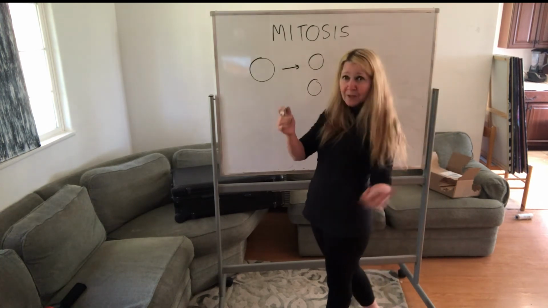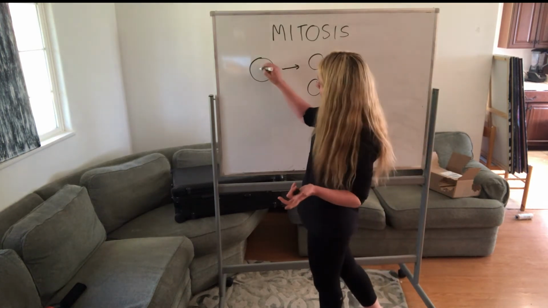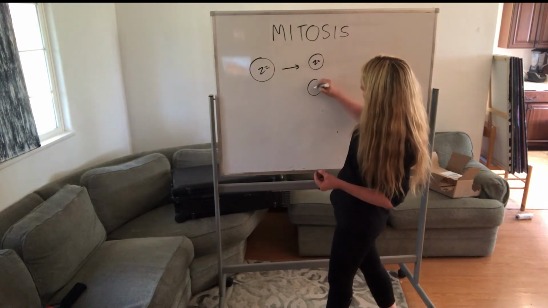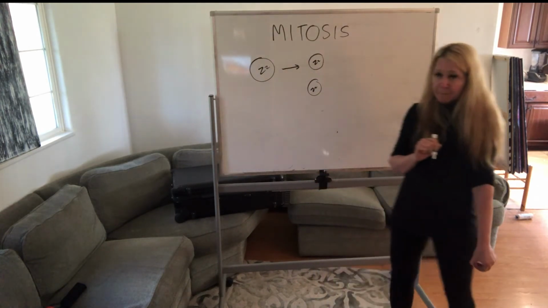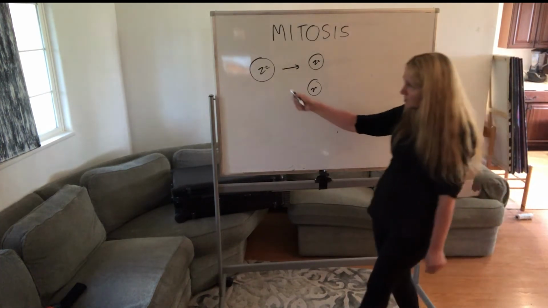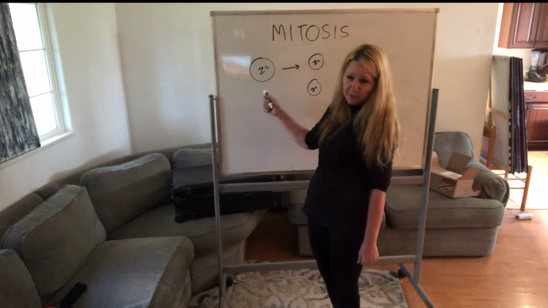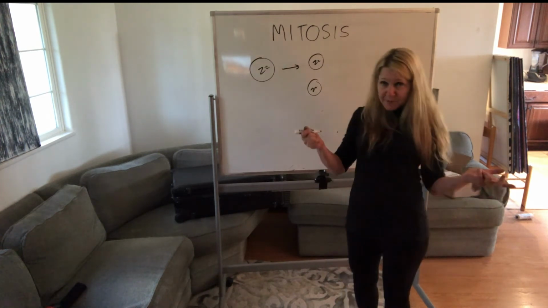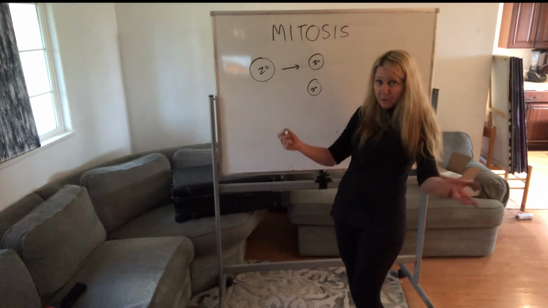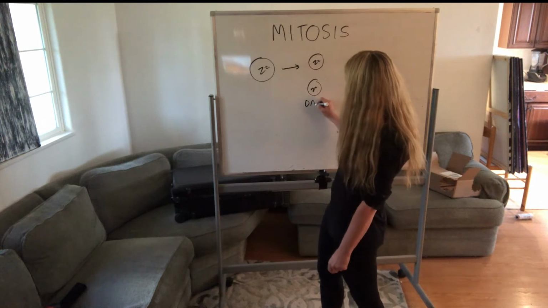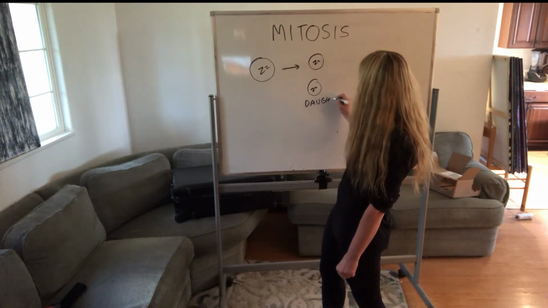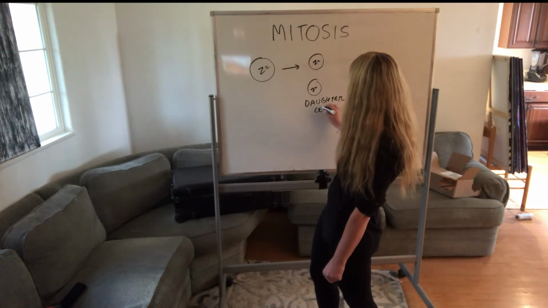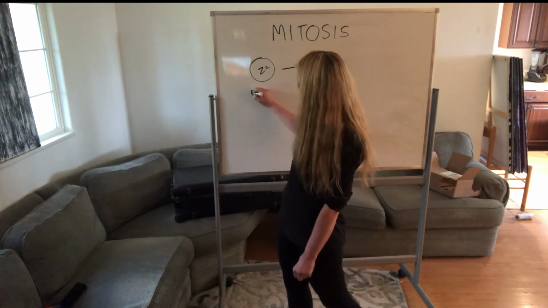So let's go back to the gene Z. Let's say this has big Z, little z. Then this one has big Z, little z, and this one has big Z, little z. So they're identical. So this is the parent, sometimes just called parent cell, and these are the daughter cells. So they don't call them son cells, they call them daughter cells. This is the parent.